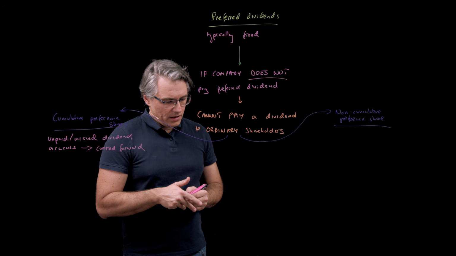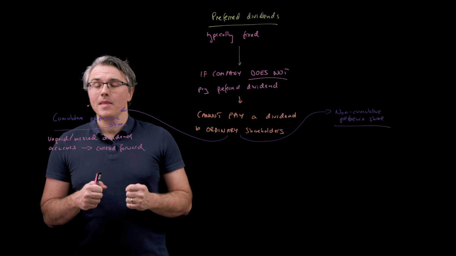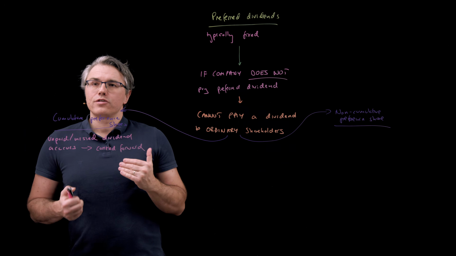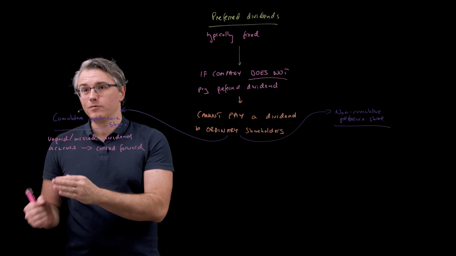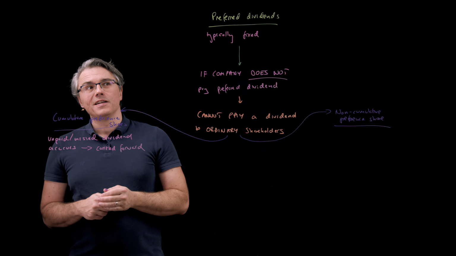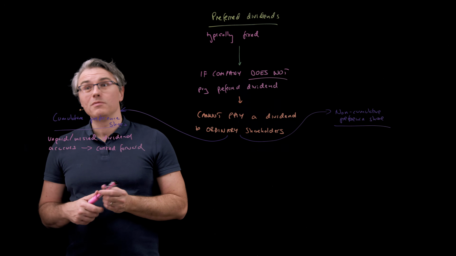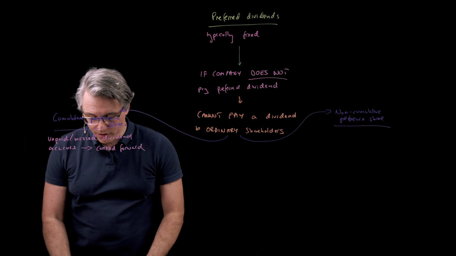So, in the future, at a later point in time, what the company should do is pay to the preference shareholders both the previously missed but carried forward dividend, plus the present portion of the fixed preferred dividend, before it can pay any dividend out to ordinary shareholders.